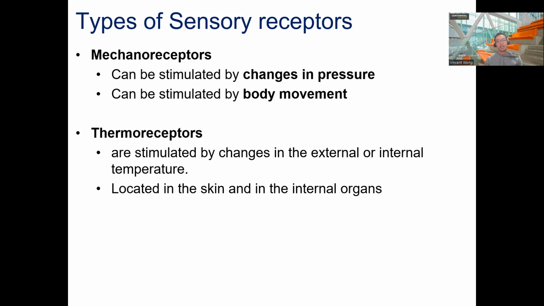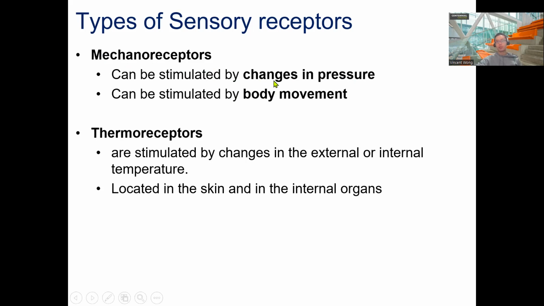One is sharper than the other, and that's going to create different pressure on your skin, and the mechanoreceptors are able to detect that. You can detect the difference between a bug crawling on your skin versus a spoon scraping your skin. That's different pressure, and it's detected by mechanoreceptors.